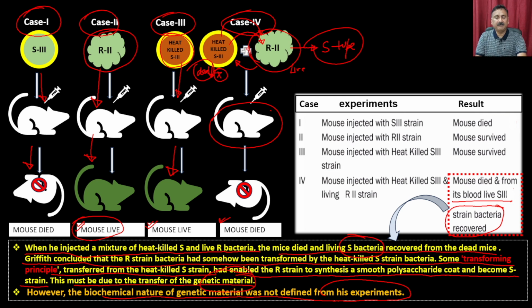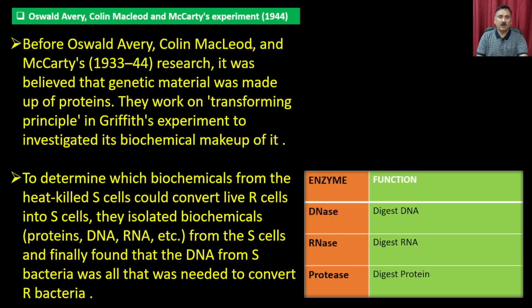In the meantime, Oswald, McCarthy and McLeod did a more specific experiment to ask whether the factor which converted the R type bacteria into the S type bacteria was DNA, protein or RNA. It was believed that the genetic material was made up of protein.